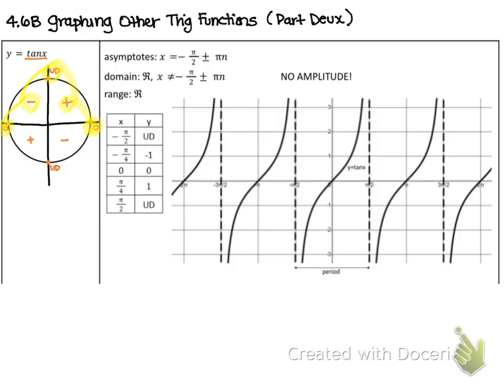So 0, positive, undefined, negative, 0, and 0, positive, undefined, negative, 0 again. So the yellow and the blue match. The problem is that if I have an undefined in the middle, then I'm going to have a vertical asymptote in the middle of this thing, and it's going to look like two pieces of something.